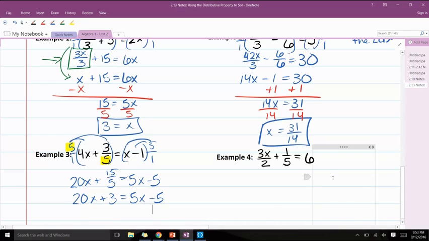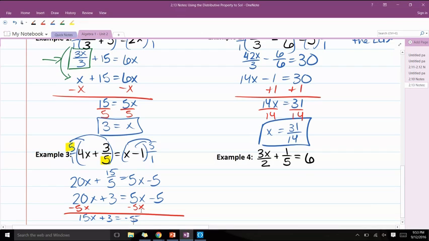Let's see here. Then I want to keep those x's positive like we talked about last time. I'm going to subtract 5x from each side. So I now have 15x plus 3 equals negative 5.